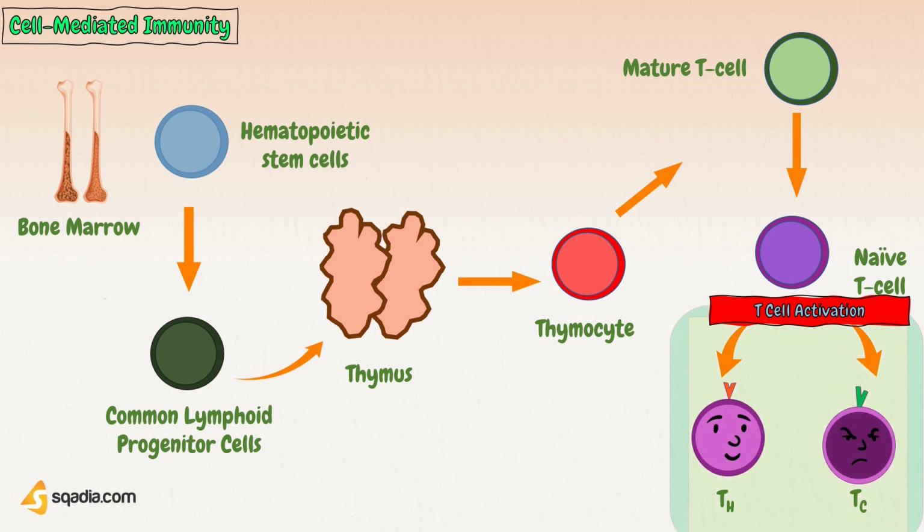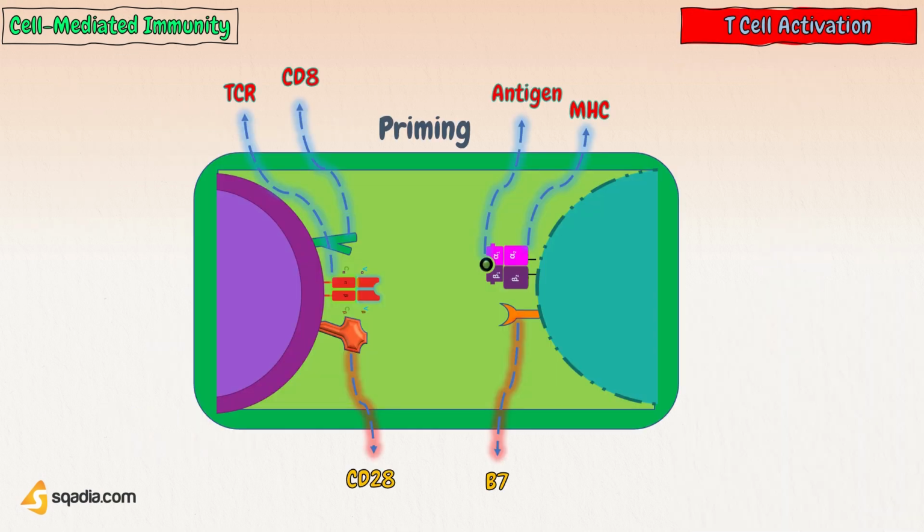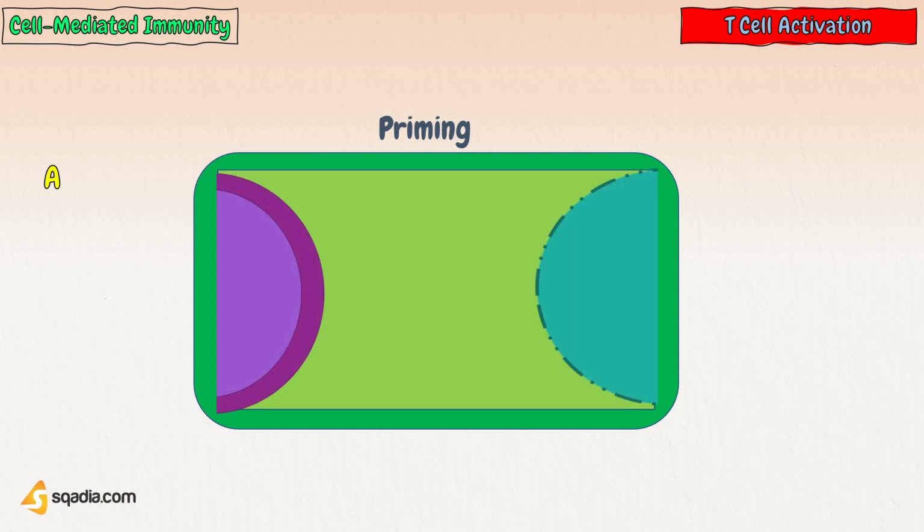As for the activation of T cells, the process requires recognizing antigen that is associated with molecules on the surface of cells called major histocompatibility complex, MHC, molecules. The naive T cell undergoes a process called priming to change into effector T cells once it encounters an antigen in the lymph node.